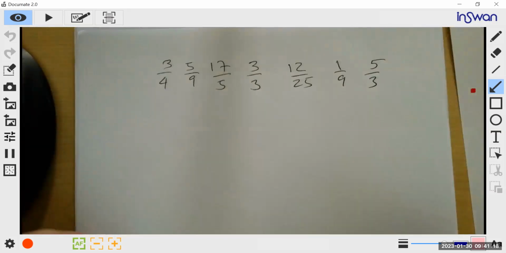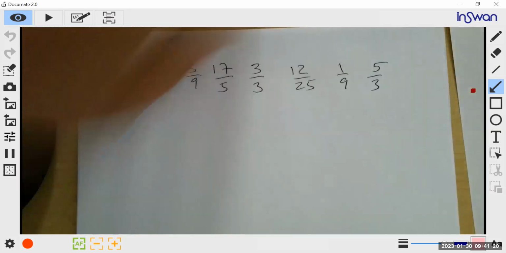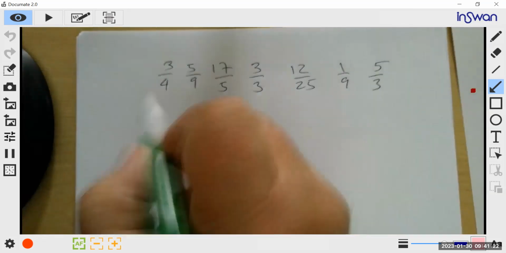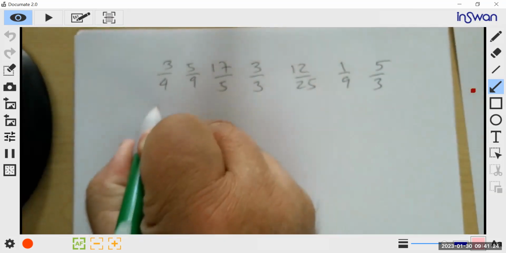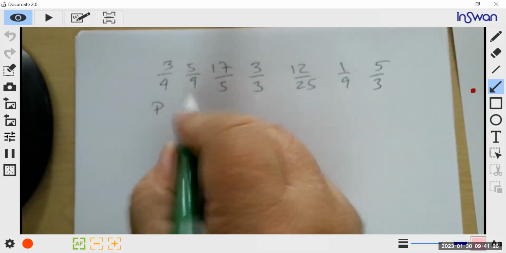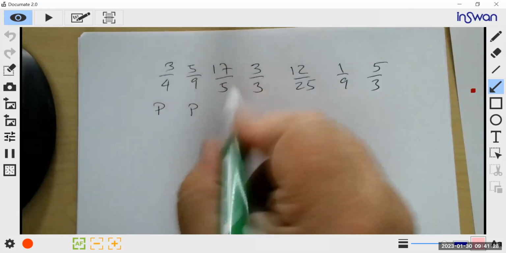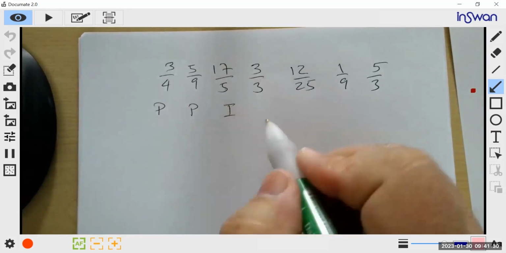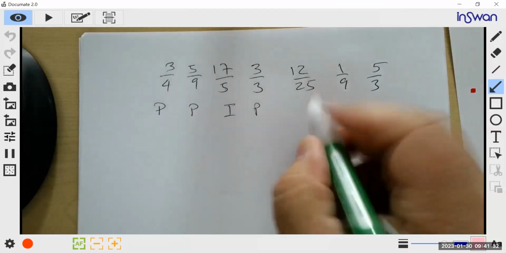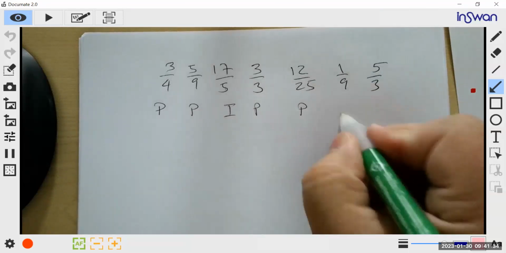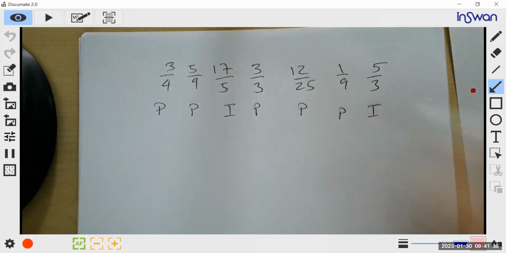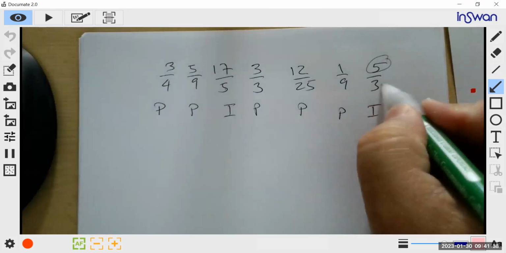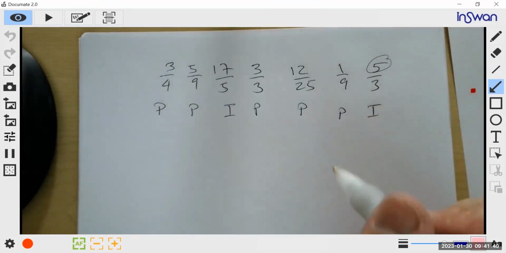So which one of these are proper? Which ones are improper? Is the first one proper or improper? Because the top number is bigger than the bottom, it's improper.